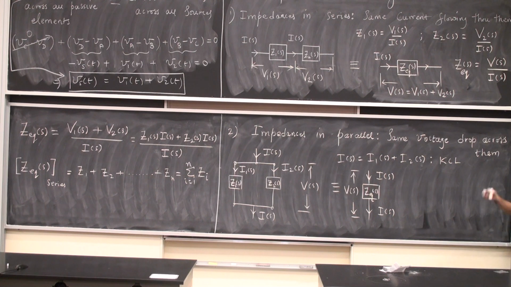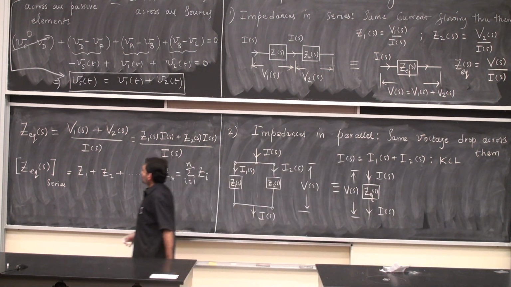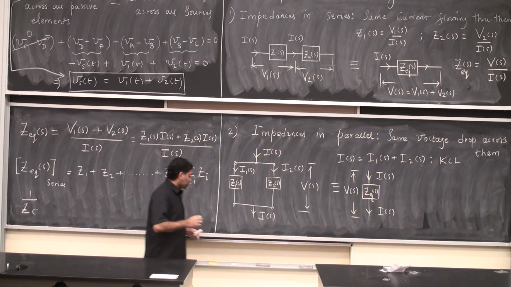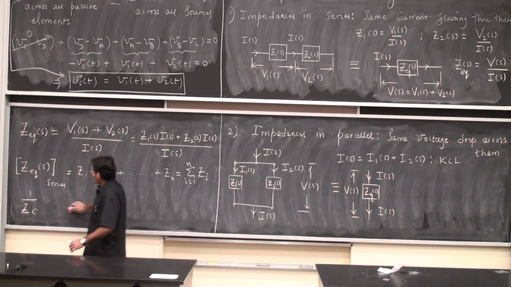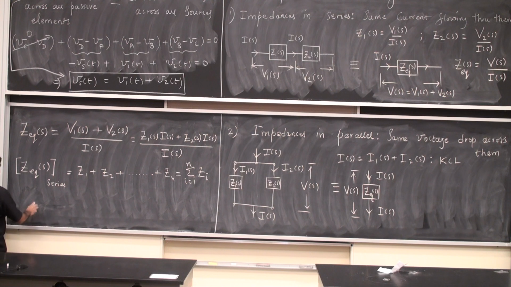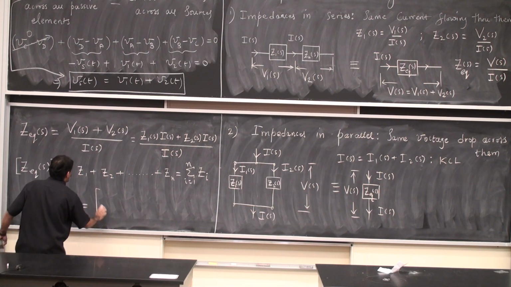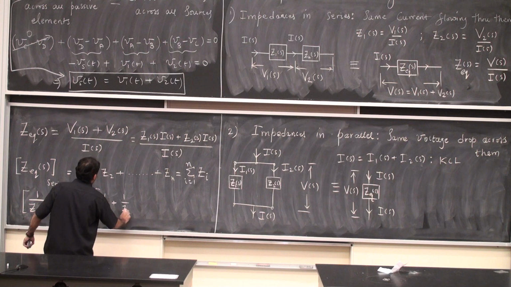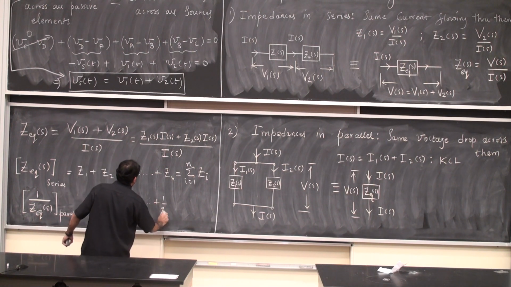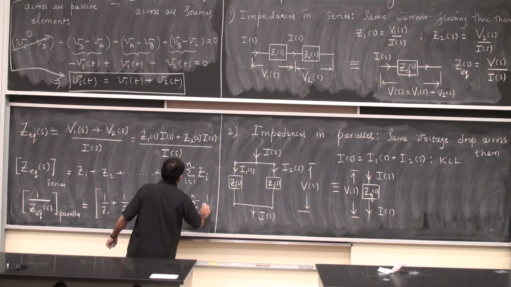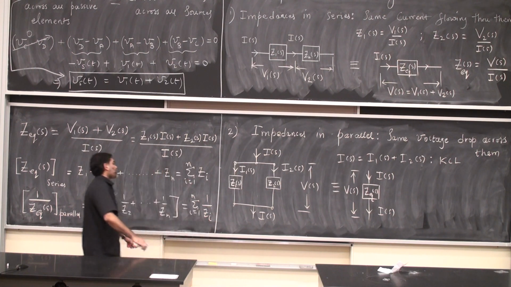V of S, and if I go ahead and write the result here, Z equivalent in parallel: 1 by Z equivalent in parallel is the sum of 1 by Zi for i equal to 1 to n.